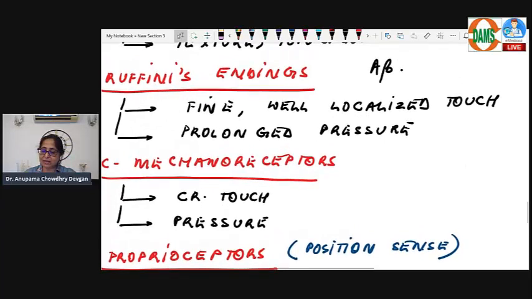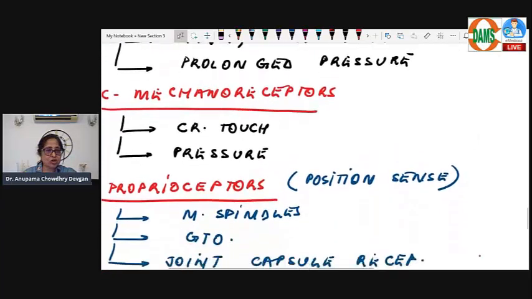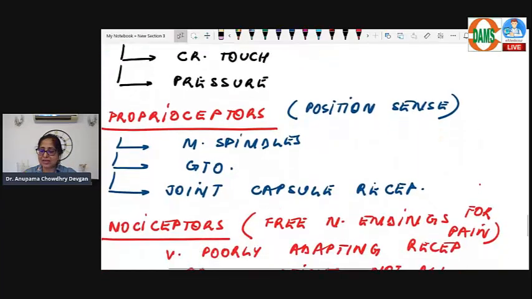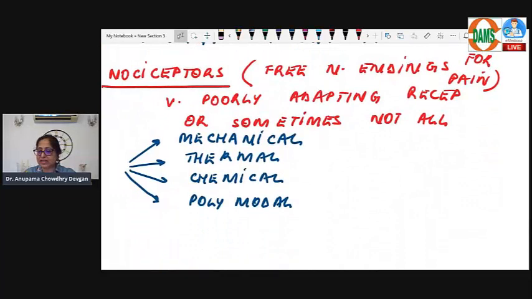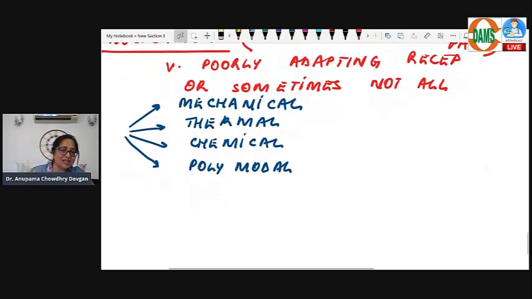C mechanoreceptors, crude touch, pressure. Proprioceptors, position sense, muscle spindles, Golgi tendon organs, joint capsule receptors. Nociceptors, which are free nerve endings for pain. They are very poorly adapting or sometimes not at all.